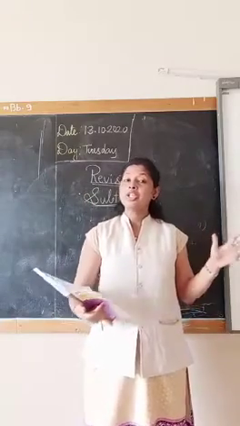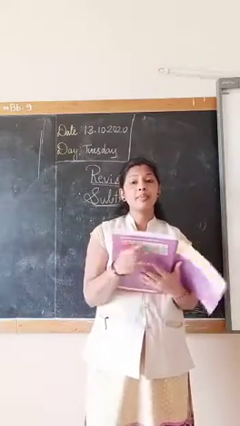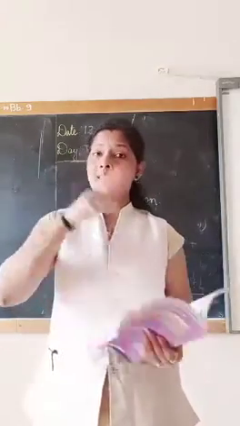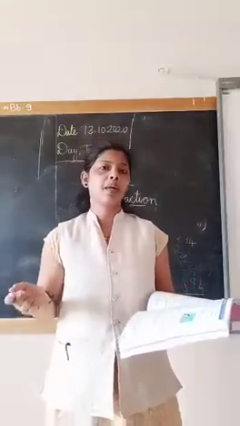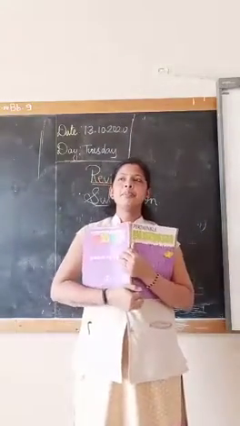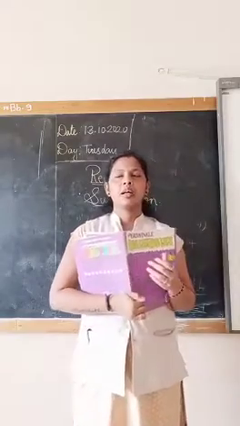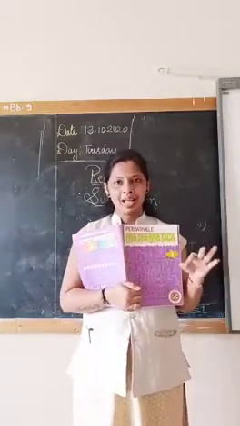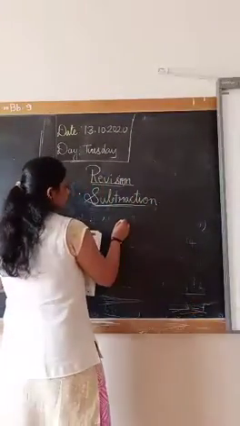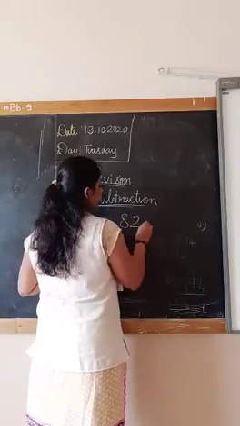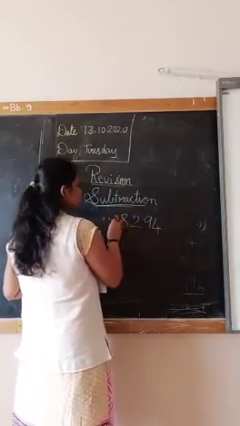Addition and subtraction together will be there. In the same problem, there will be addition and subtraction. For example, Rohan had 8,294 rupees.